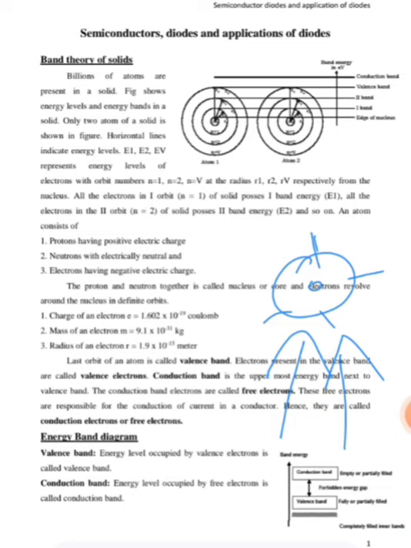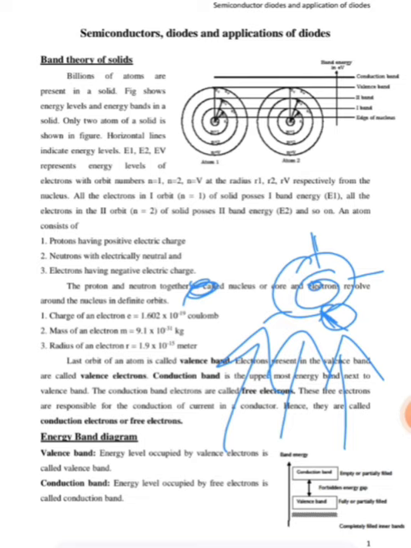These valence electrons absorb the energy provided externally, become free from that place and become free electrons, leaving an empty space there, because the energy given externally will be more than the energy possessed by the central nucleus.